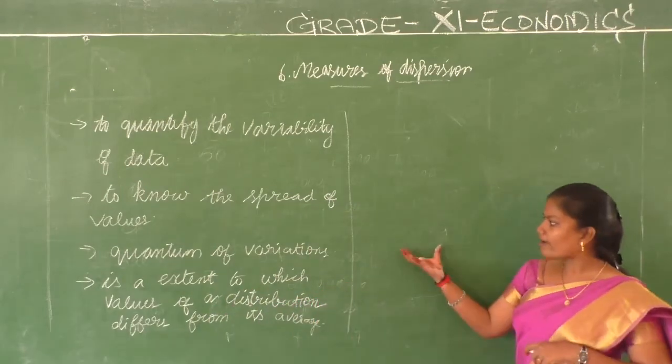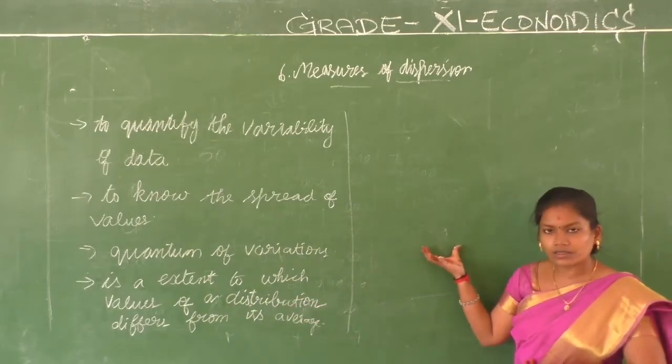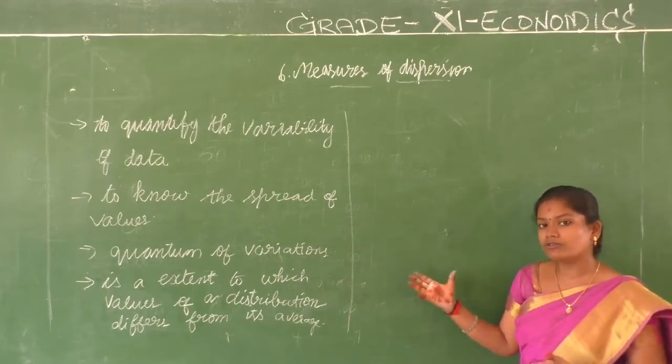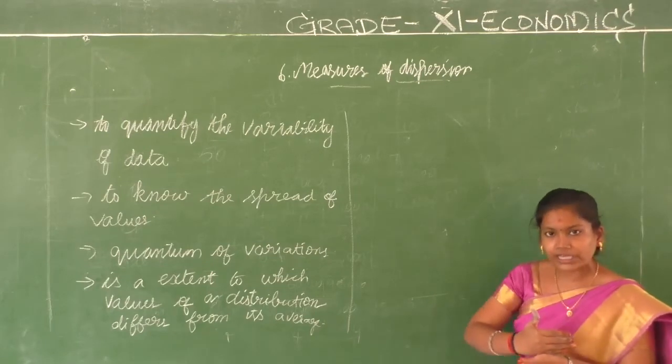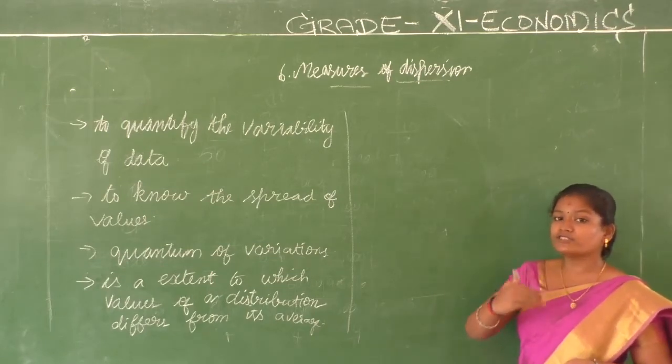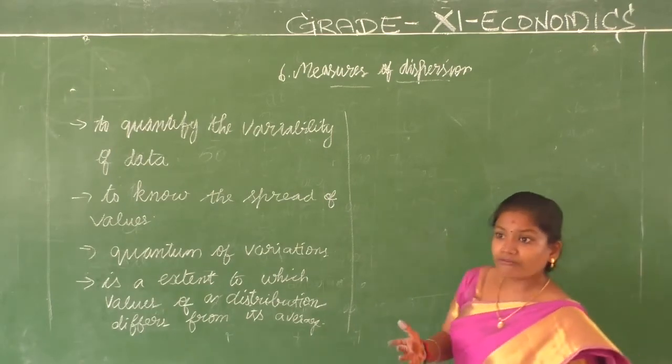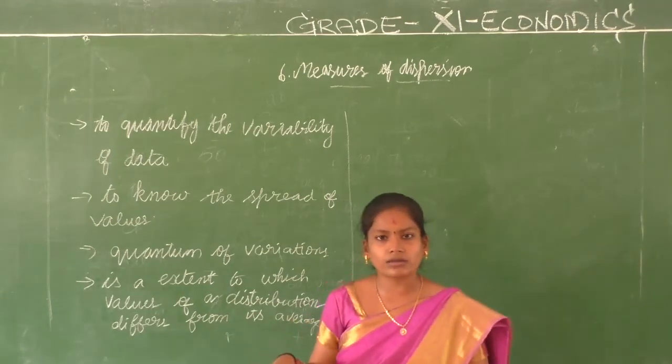We saw the average income was 15,000. But in one family, one person is earning 15,000 while the average is different, so there's a huge difference there. And one person is earning 7,000.